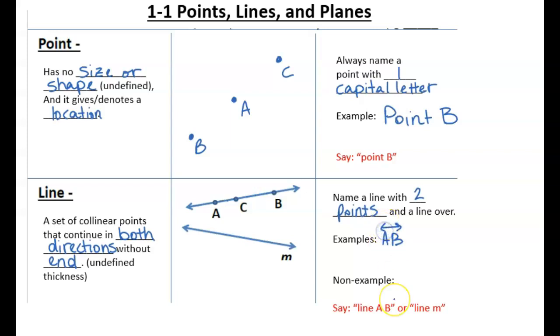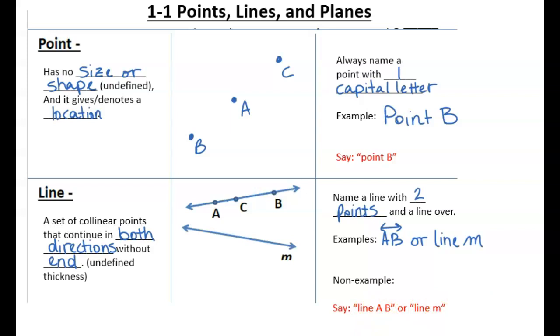Include your arrows on both ends, because that shows that it does extend forever in both directions. We might also say that this is line and then a lowercase, usually cursive letter, so line M. So you would say line AB or you would say line M.